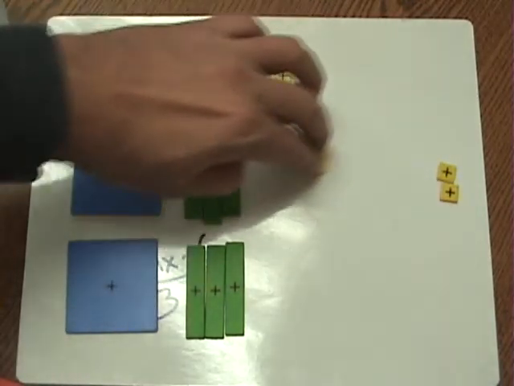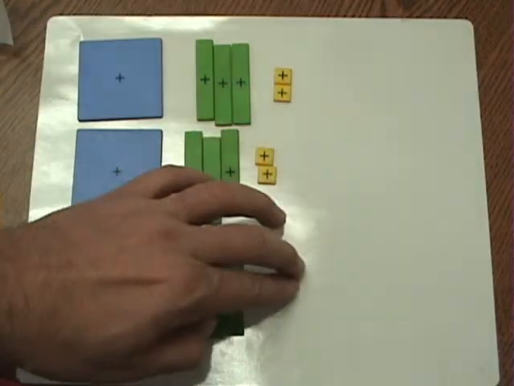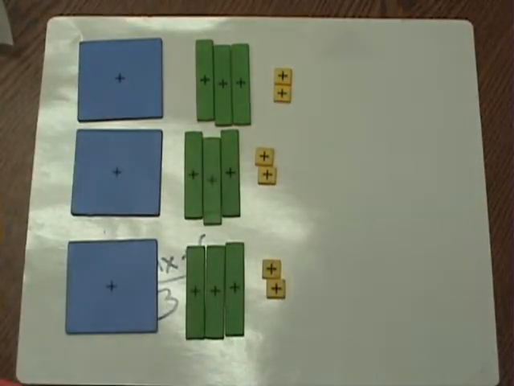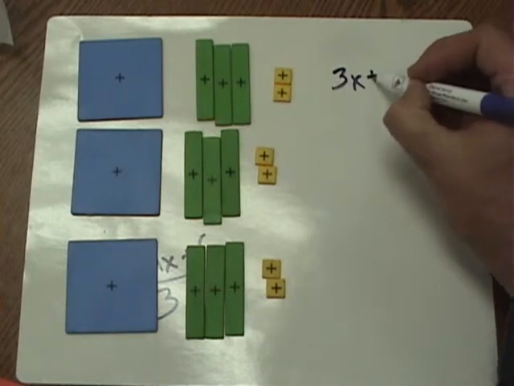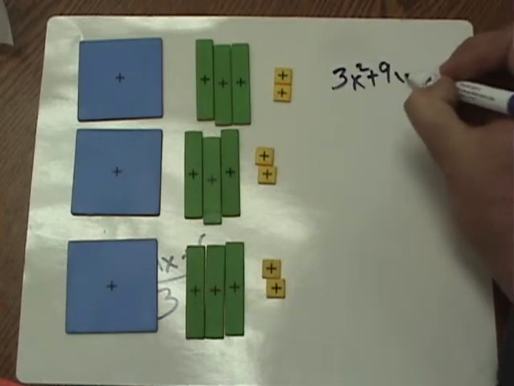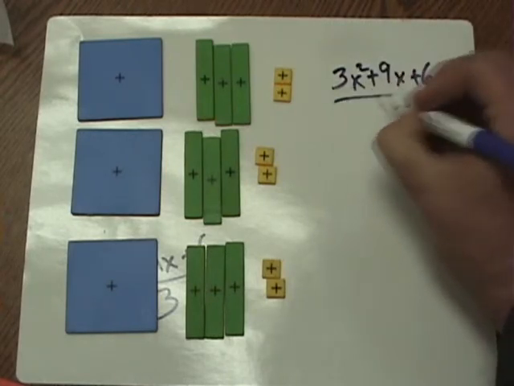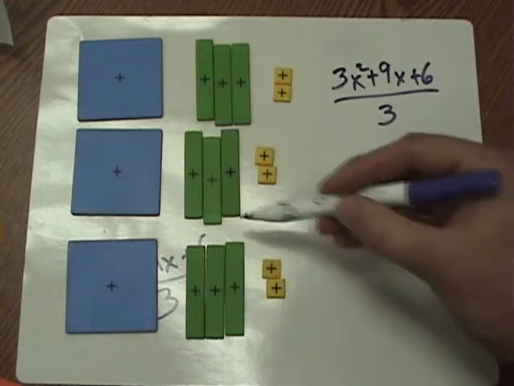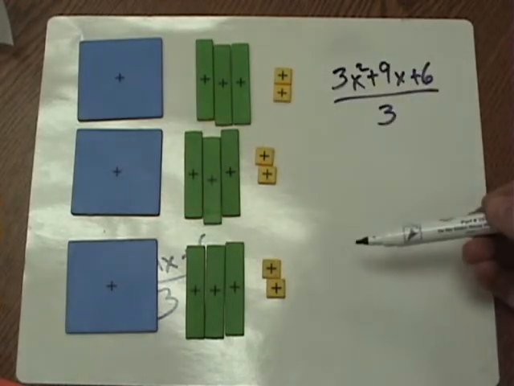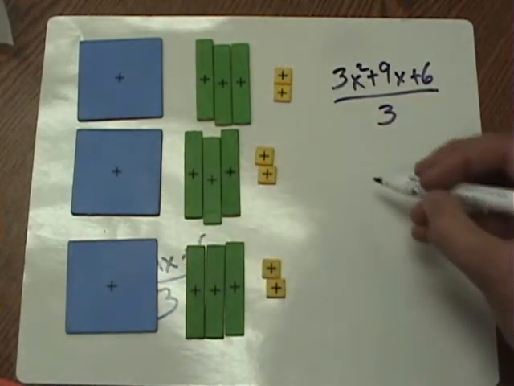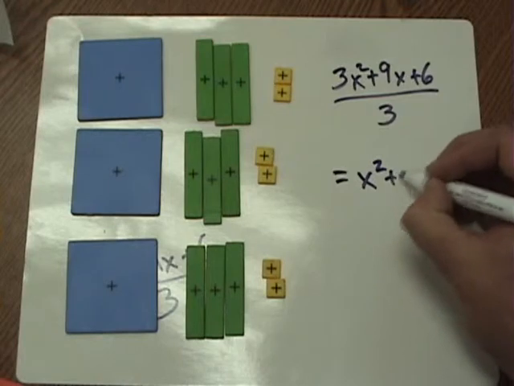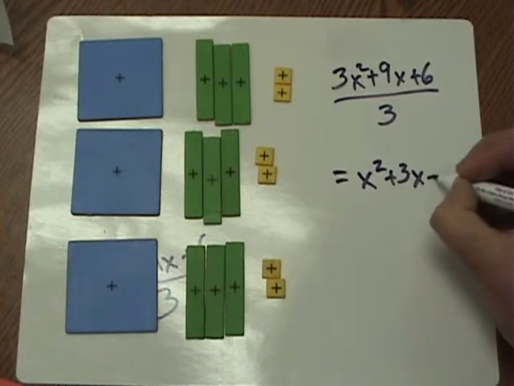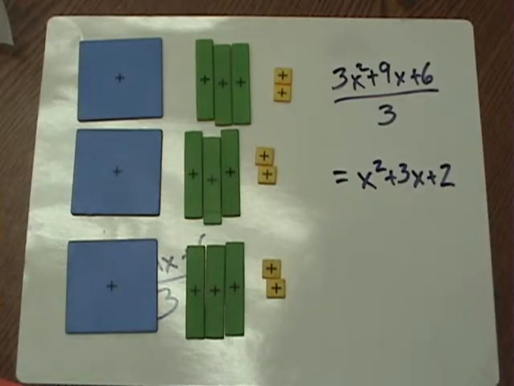And to divide these evenly, they're going to have 2 of those in each group. So I took 3x squared plus 9x plus 6 and divided it by 3. And then all they have to do is, now that it's in 3 equal groups, count what is in one of the groups. So this would be equal to x squared plus 3x plus 2.